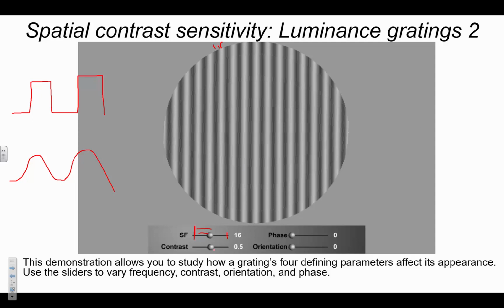So if we adjust contrast, right now contrast is at 0.5. I'll show you how to calculate contrast in just a moment. Basically, it compares the highest luminance value and the lowest luminance value as a ratio, and it's like 0.5, like 50%.